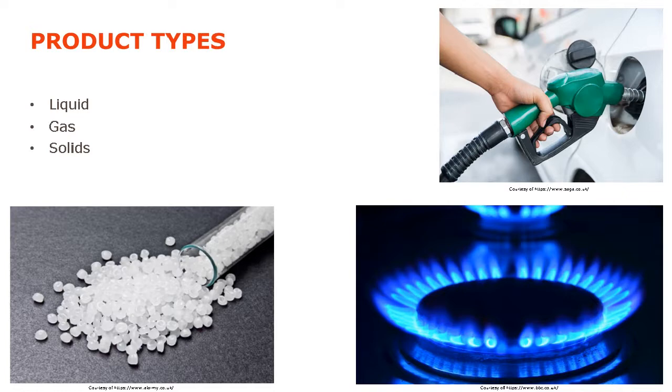Some of the products you may be very familiar with, as I said, like petrol and gas in particular. But when it comes to chemicals, they may not be as familiar because they typically serve other businesses, not customers and users directly, and those businesses then make the products that you will be familiar with.